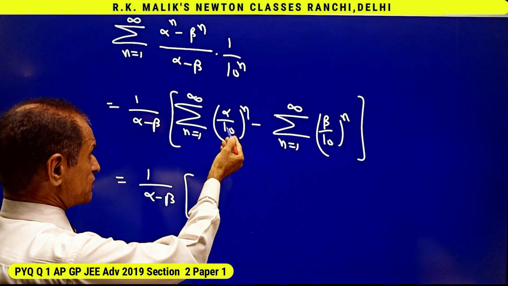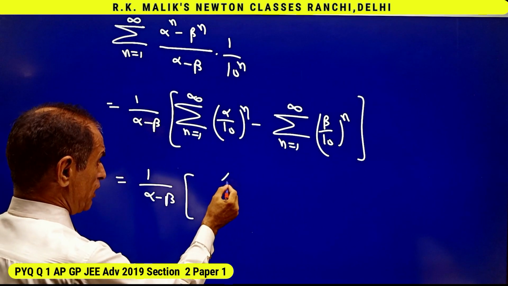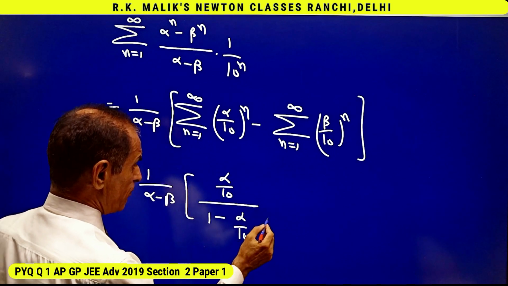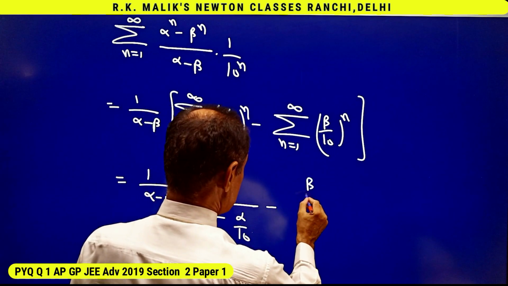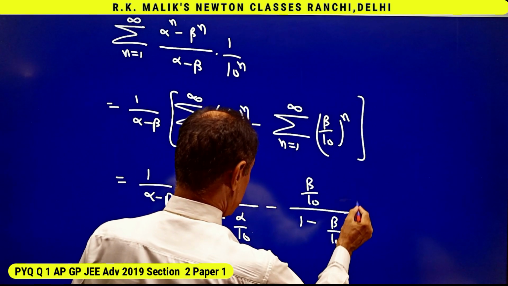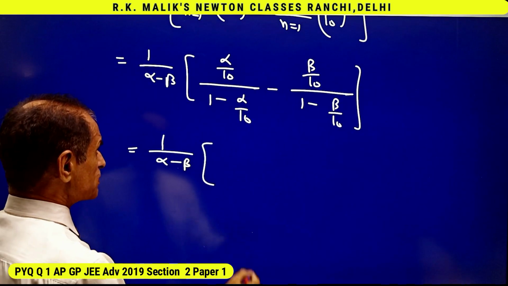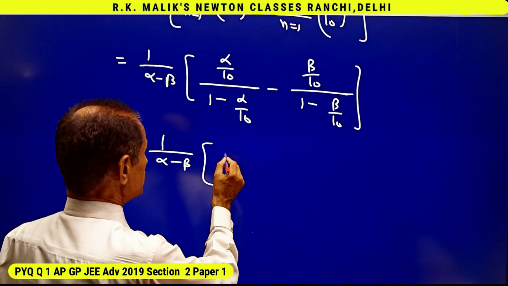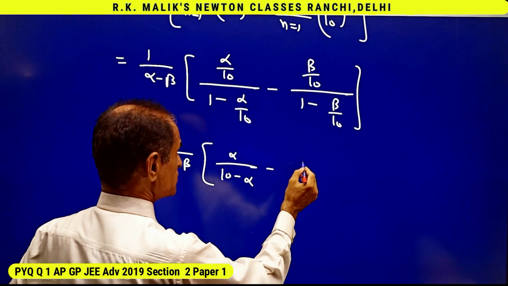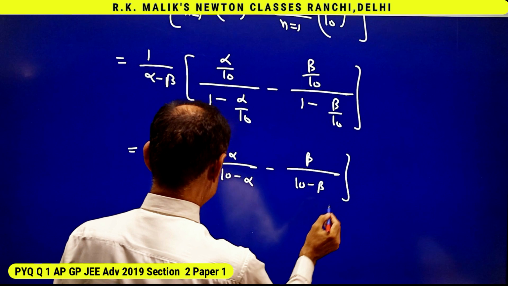In this case, first term is alpha by 10 and common ratio is also alpha by 10. Therefore, alpha by 10 upon 1 minus alpha by 10 minus beta by 10 upon 1 minus beta by 10. This is equal to 1 upon alpha minus beta, alpha upon 10 minus alpha minus beta upon 10 minus beta.